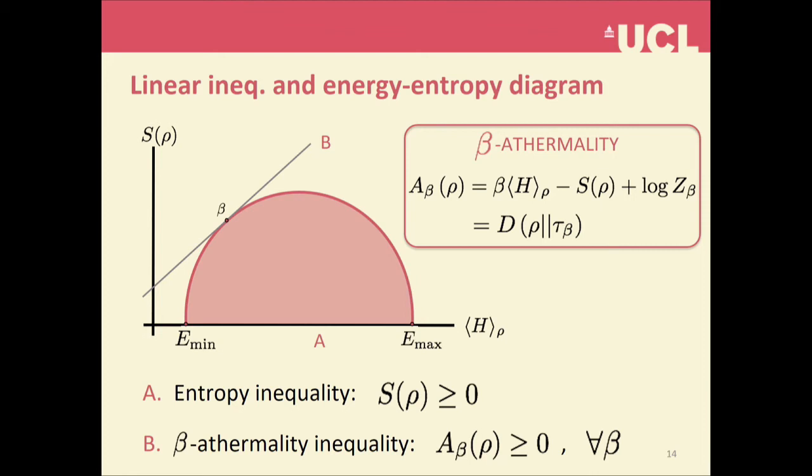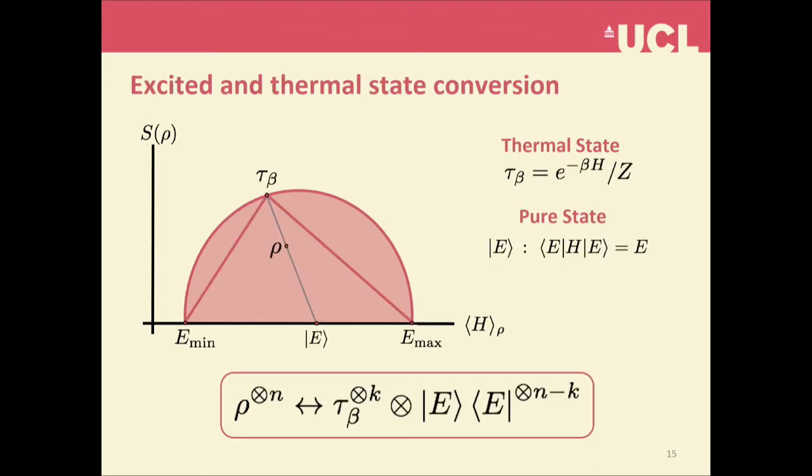So what can we do with this energy-entropy diagram? For instance, we can find a decomposition in terms of thermal and excited state for any state rho we want. How can we do it? Well, we find the equivalence class of our initial state rho, and we select the point accordingly.